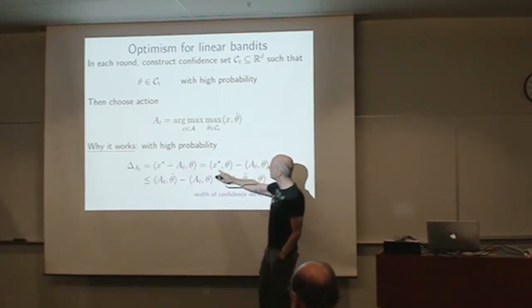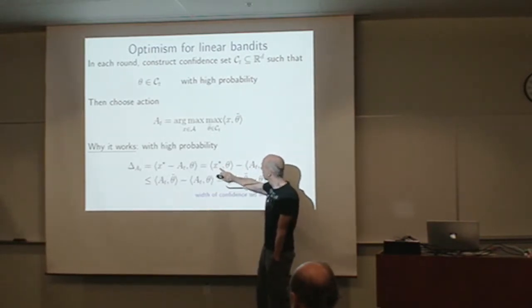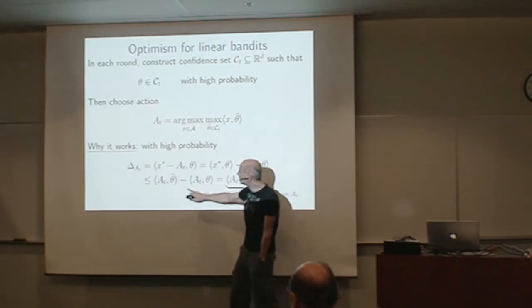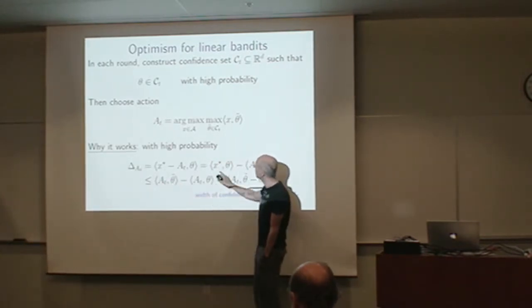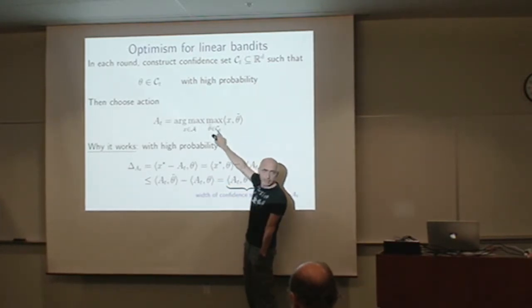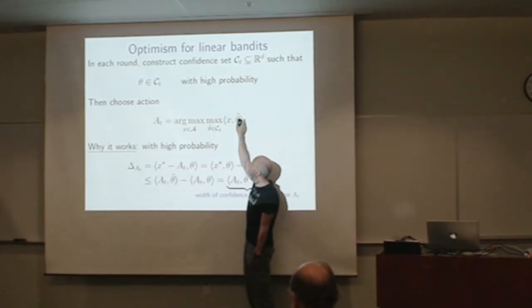Where the only difference is that I replace x star times theta by A_t times theta tilde. Why can I do that? It's because theta is contained in this high probability set, and I was maximizing within this set.